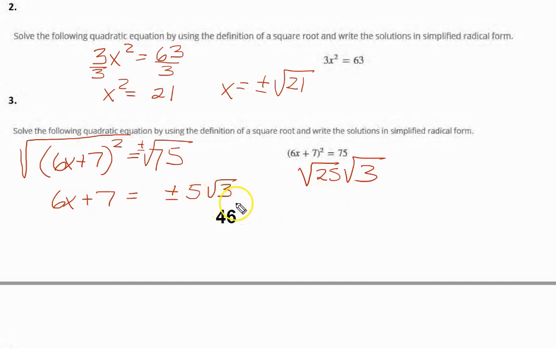So now what do you do? Well, you're going to transpose this positive 7 to this side, becomes a negative 7. And I can get rid of it there, save a little room. And now how do we get what x is? Well, we're going to divide both sides by 6.